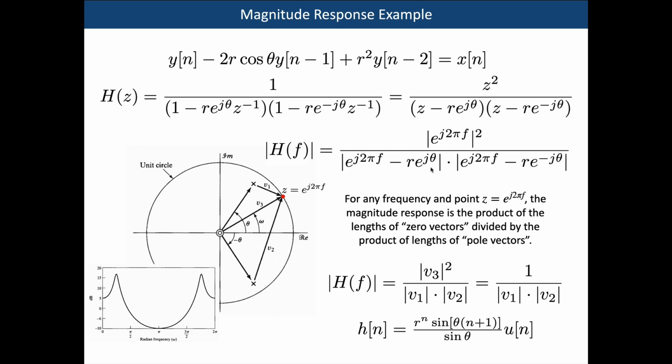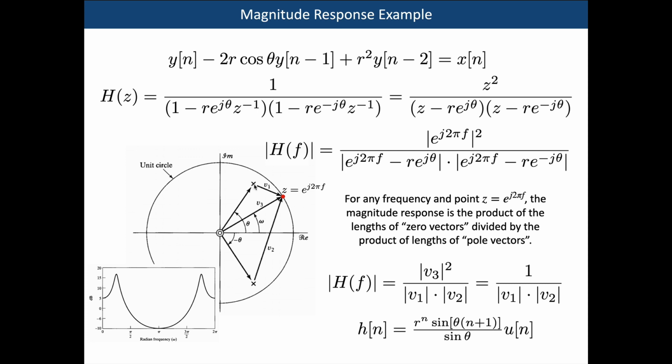Now, if we look at the form of the magnitude of the transfer function, in the denominator we have the point e to the j2 pi f, which is the point on the circle, and then we subtract from that the pole location, which is this point right here.